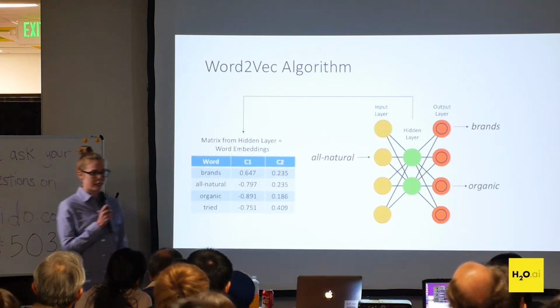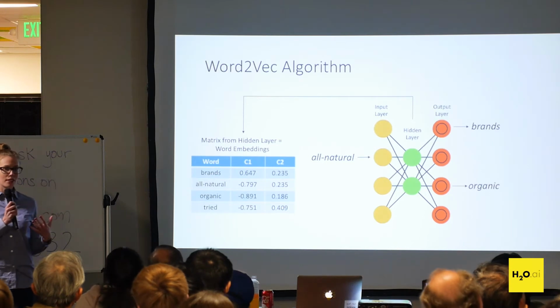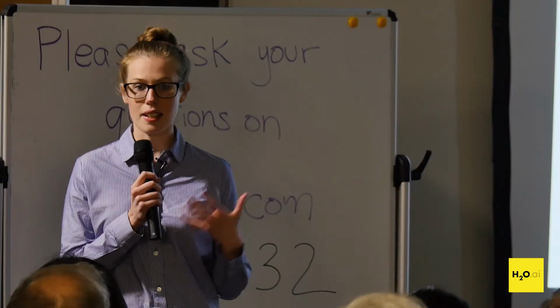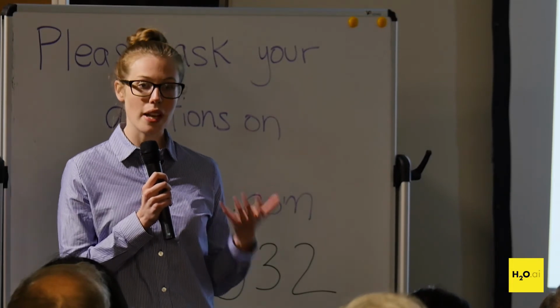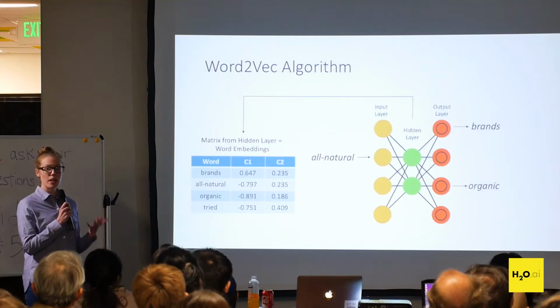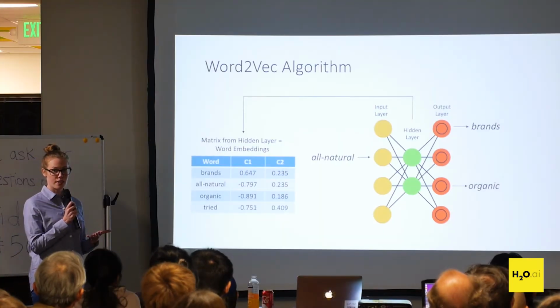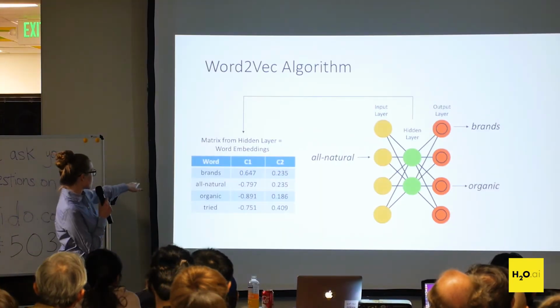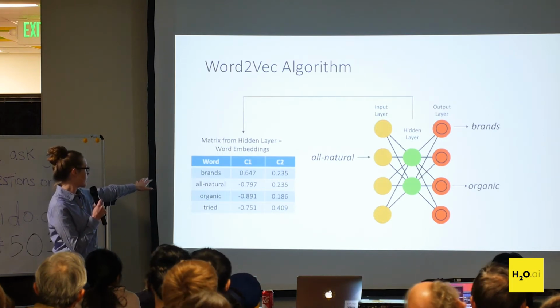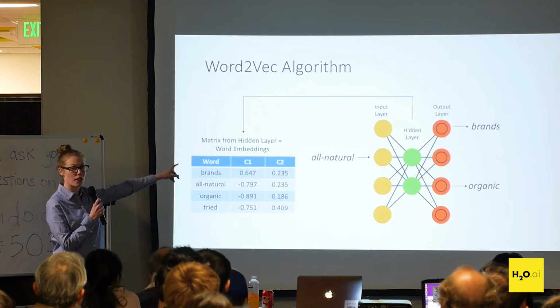Once we've trained that neural network, we don't really want to use it to predict the context around a target word. That's not important to us and it's not really helpful. What we actually want is this weight matrix from the hidden layer, and this weight matrix is going to be our word embeddings. Each word is going to get a smaller number of dimensions of a vector, depending on the number of neurons in my hidden layer.